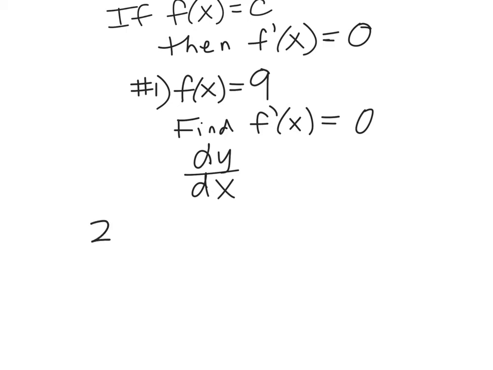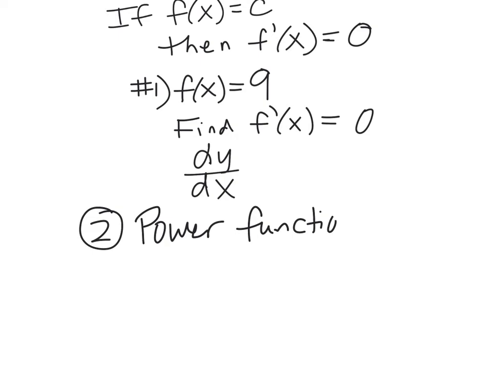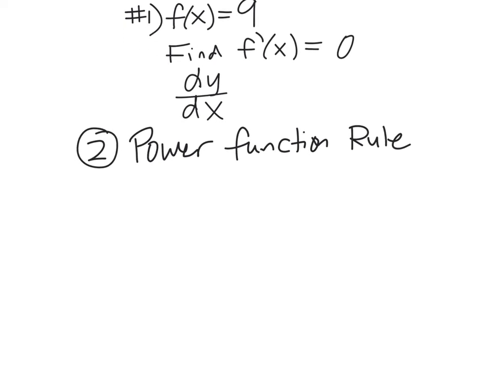Number 2. Second rule is going to be our power function rule. This is the one where you guys like to call it the shortcut. Power function rule. This works for exponents, polynomials, stuff like that. So here it is.